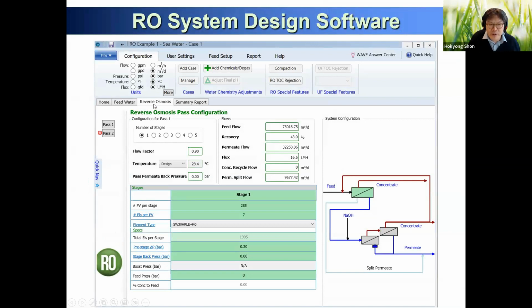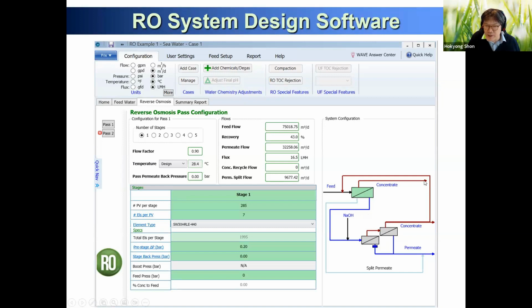And then reverse osmosis: you have a first stage, second stage, third stage, so you also have to make clear the first pass and second pass. This is the first pass, first stage, and this is the second pass, two stages.